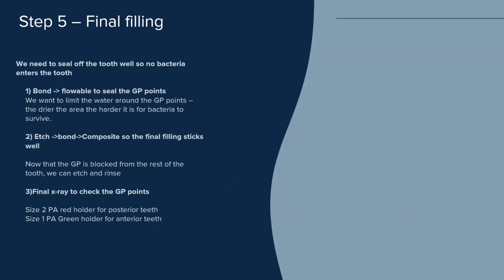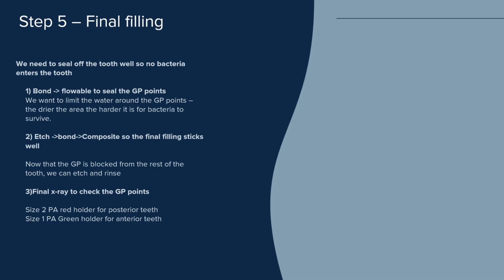Okay, and then the final step is the final filling. So bond, flowable. Once I've sealed off my canals and I've burnt off all the extra rubber points, I rinse it, clean it, and then I put bond and flowable just to seal off the area. I don't etch first because I don't want to put etch and then rinse it, because then water might seep in a little bit, so I try to use as little water as possible.